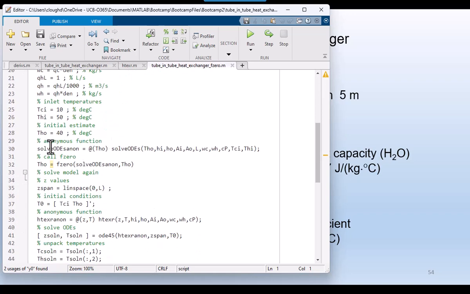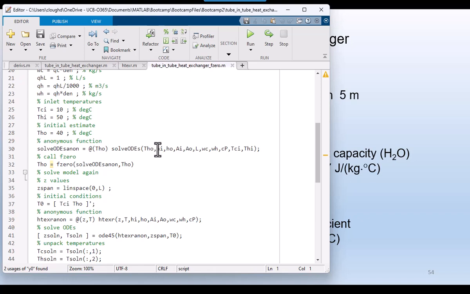And then we have our solve ODEs function with all of these parameters. The only one that's really important for F0 is the first one, which is our estimate of the hot water out temperature.